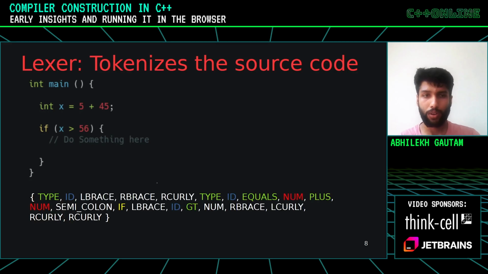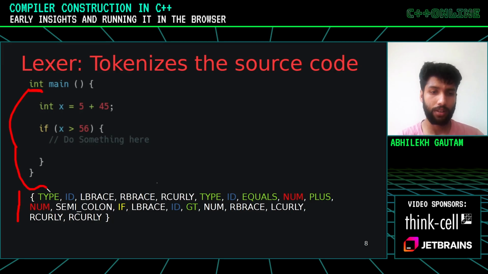What I mean by tokenization is, for example, I have a C++ program here, and if we look at the output of the lexer, we can see that int, the first token, could be a type, right?